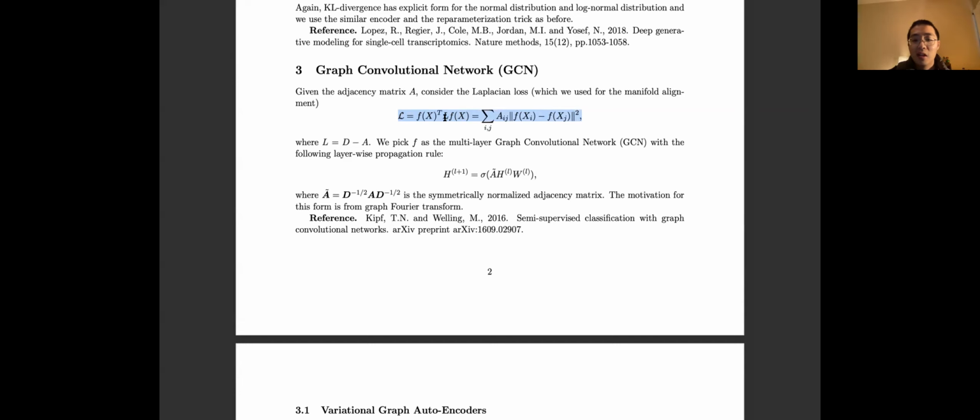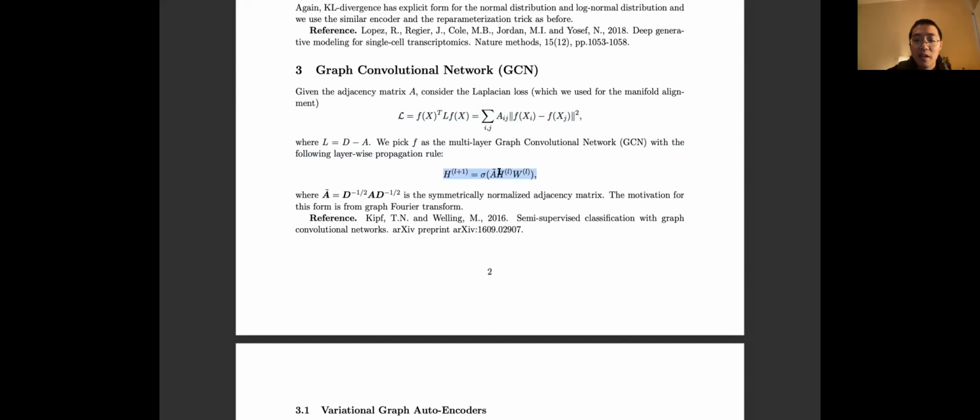And for the multi-layer graph convolutional network, we will introduce one form for f, that is this one. So f is a multi-layer GCN, and for each layer, it has this form.